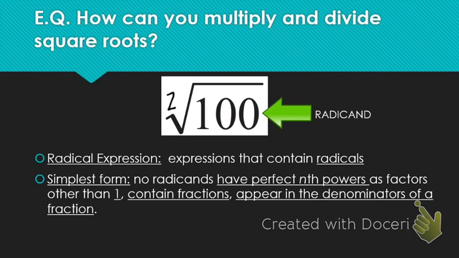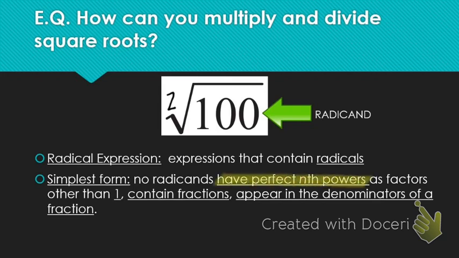So here's how you know if they are in their simplest form. No radicand have perfect nth powers as factors other than 1. So here's what that means in layman's terms. There is not a perfect square under the radical. If there's a number under the radical that is a perfect square, then this problem is not in its simplest form. So highlight that. Okay, that's the first thing. No radicands have perfect nth powers.